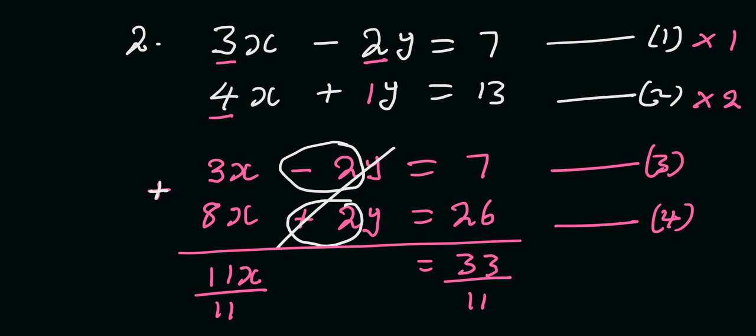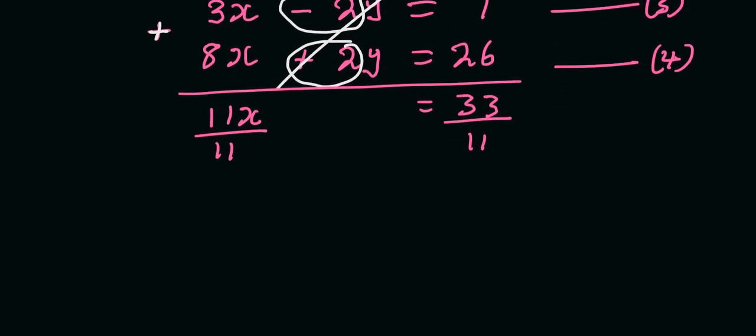Divide both sides by 11. So if you do that, 11 is going to cancel out 11 from here. 11 divided by 11 is 1. 33 divided by 11 is 3. Therefore, x is equal to 3. We have found the value of x to be 3.